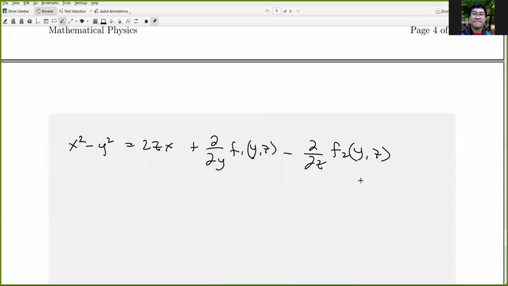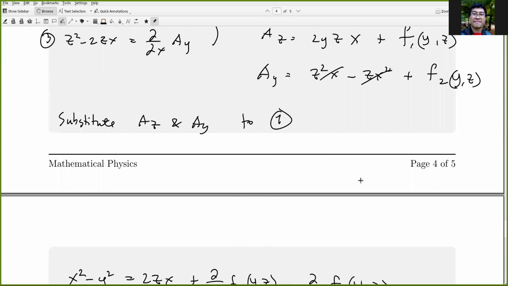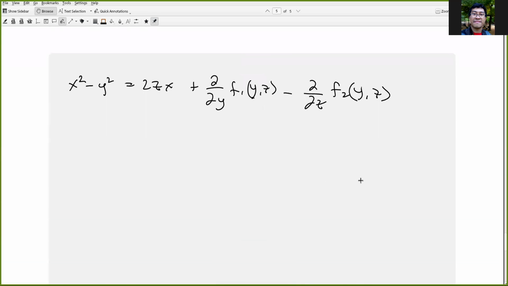Now f1 and f2 could still be specified. These are all general functions. We can specify them, but they are related to each other.